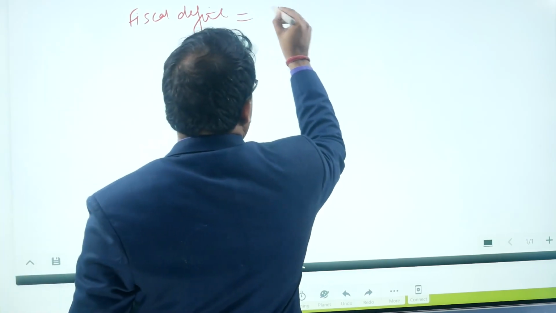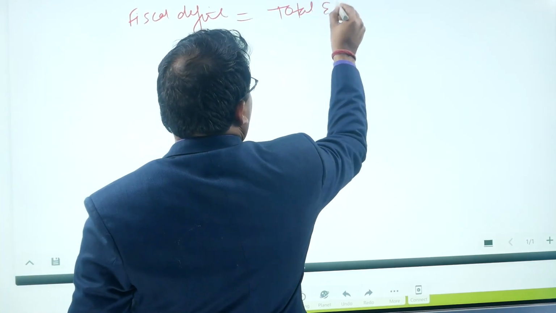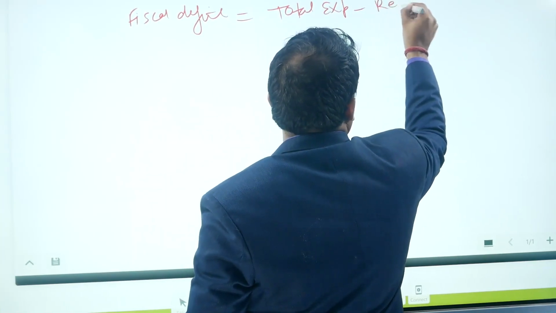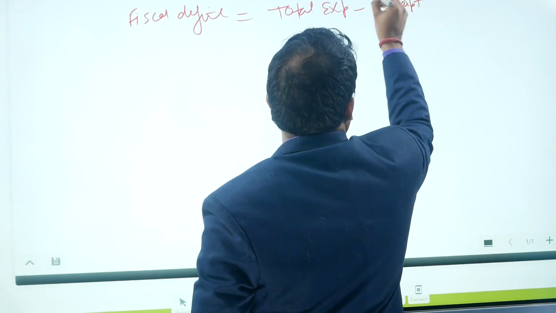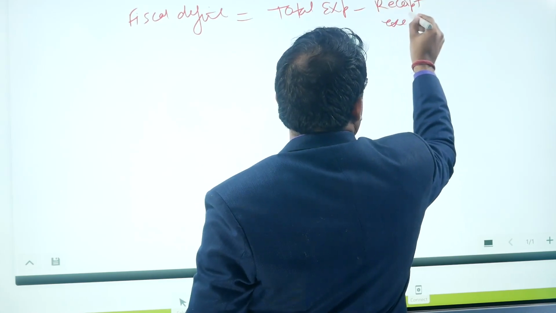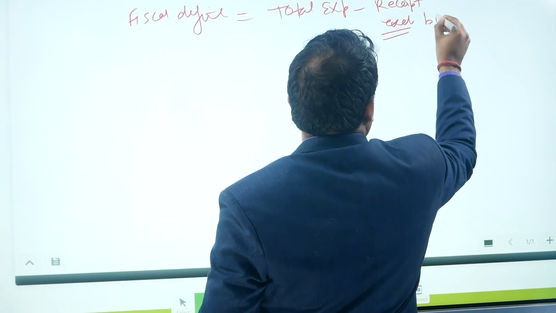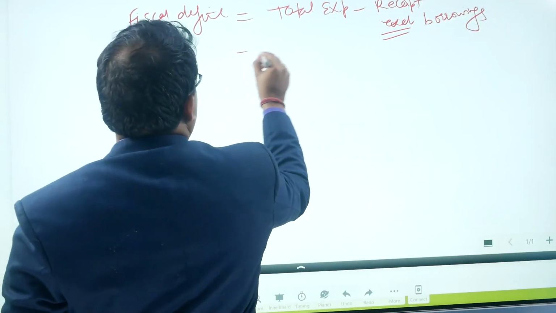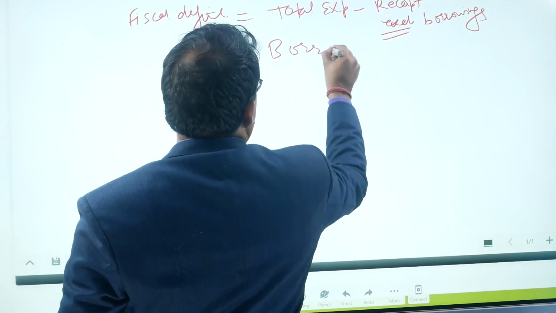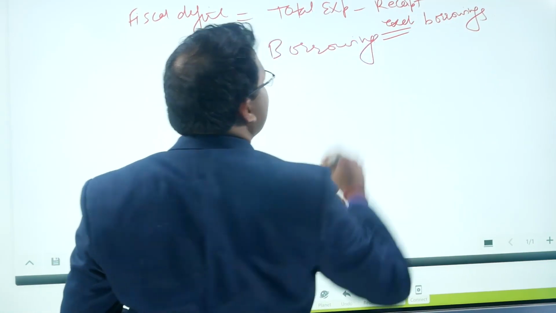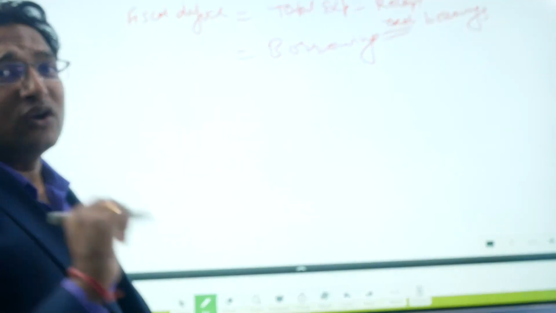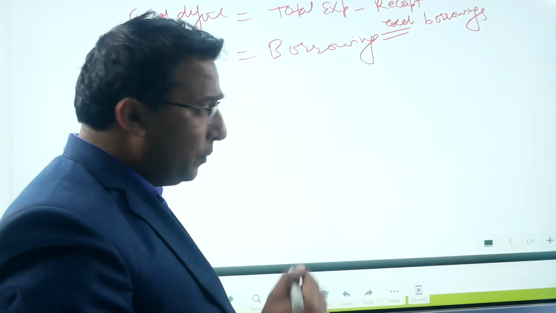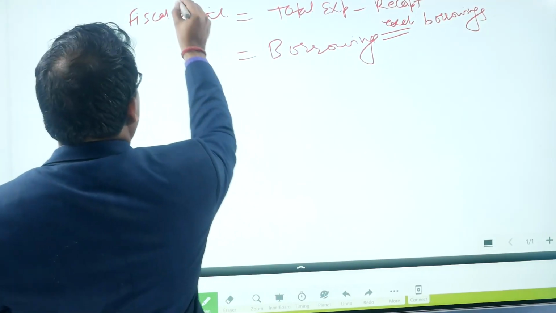Fiscal deficit is equal to total expenditure minus total receipts excluding the borrowings, right? Or in other words, it is equal to the amount of borrowing. Whatever amount the government is taking as a loan to meet its expenditure, that is called fiscal deficit.